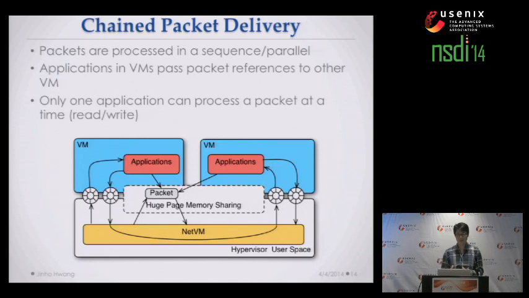Also, the chained packet delivery is done in the system. Packets are processed in a sequential way, as I showed in the previous slides. Then applications in the virtual machine pass the packet descriptors across the virtual machines, and finally it can be decided to go outside or be discarded, depending on the application.